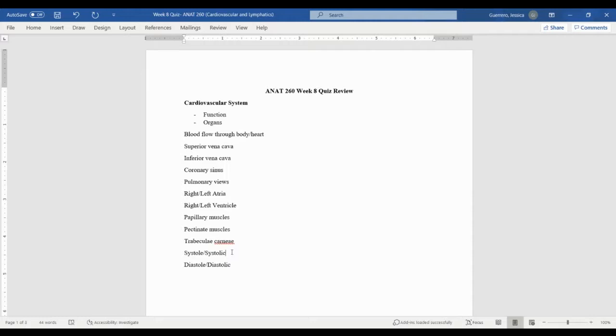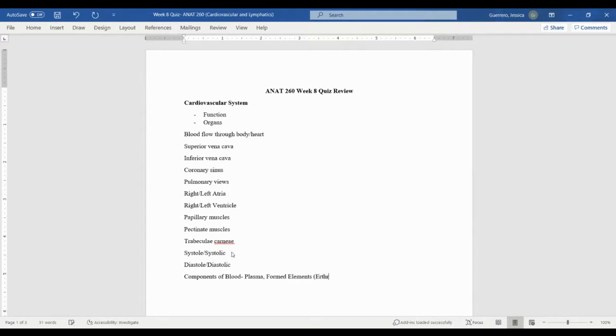You need to know the components of blood. Whenever you say blood, people just think it's a liquid, but blood has 4 components. It has the plasma and then the formed elements, but there are 3 formed elements.